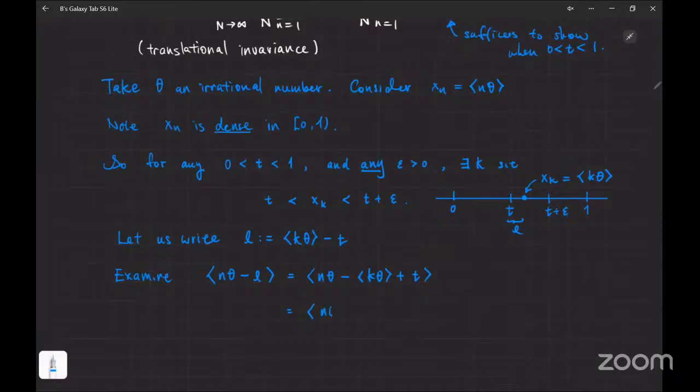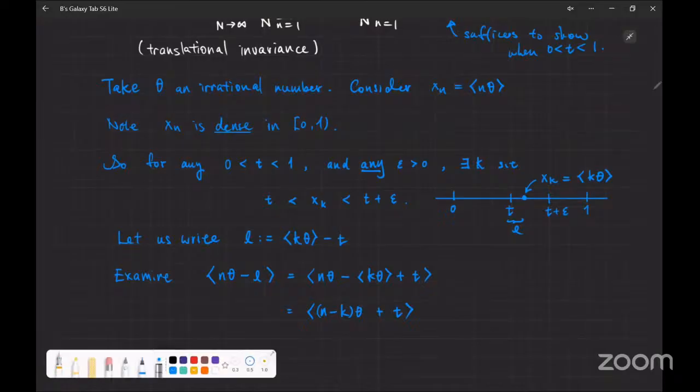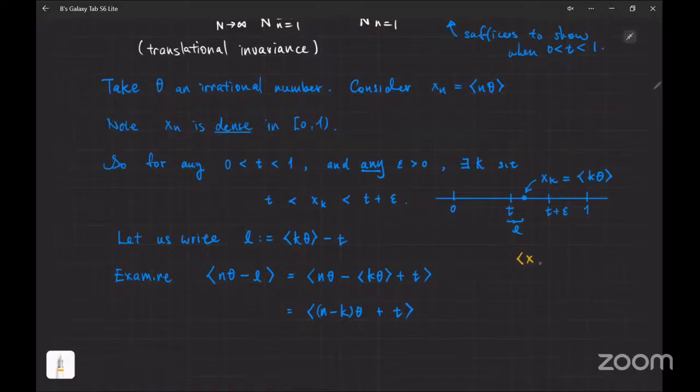So this is the fractional part of n minus k quantity theta plus t, like that. So I'm employing this property that if we have a number x plus y like that, that should be x plus y. Okay.